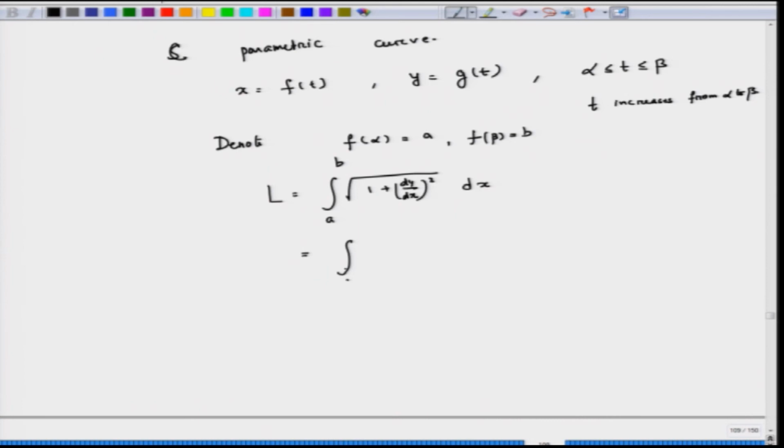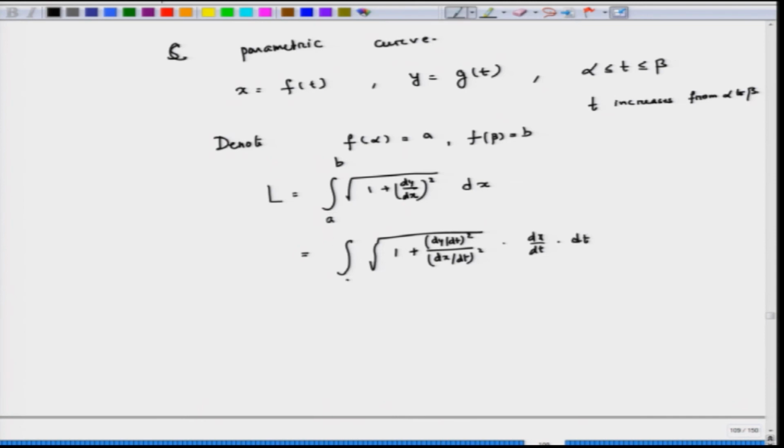Now, if I change the parameter to t, making the substitution, then what do we get? We get dy by dx equal to dy by dt divided by dx by dt. Now, dx is x prime by substitution rule, times dt.